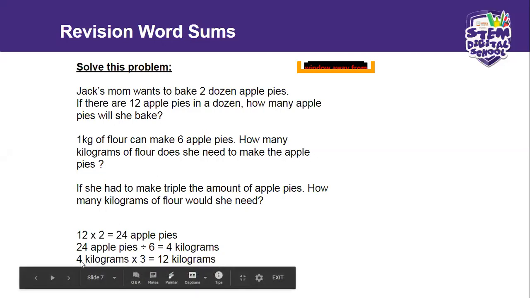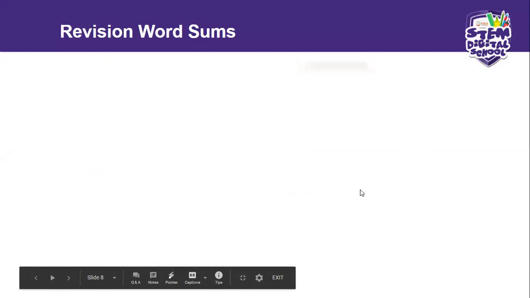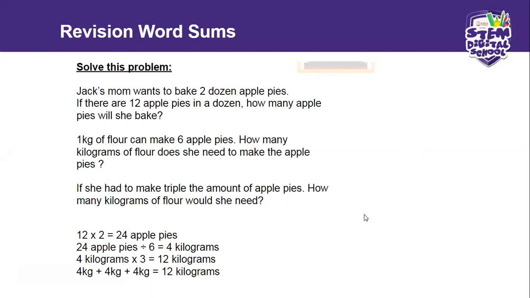There we have the 4 kilograms that we need, and if we triple them, we know that triple means 3.